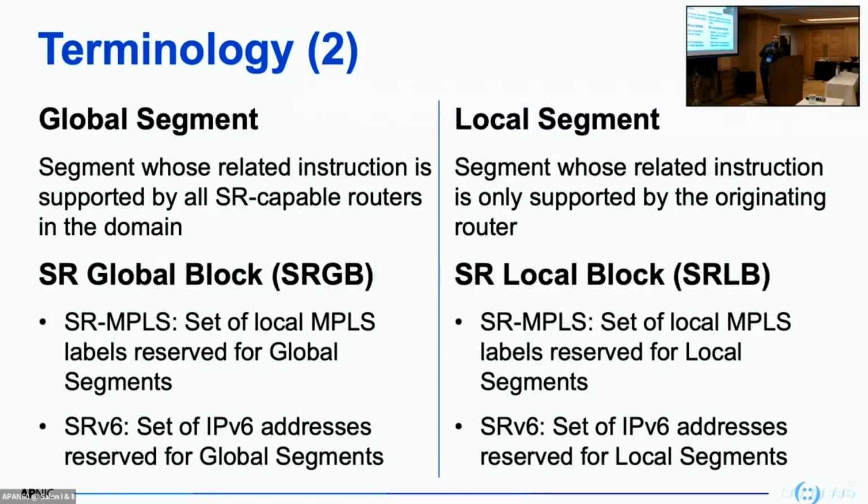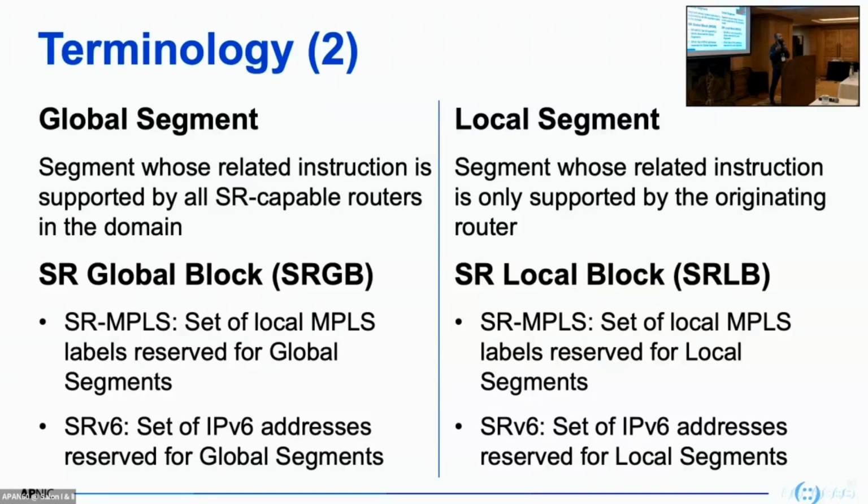Global segment. A global segment is unique to the whole domain, and it has to be known to other neighbors. But the local segments, for example, we are doing a VPN example. PE2 knows the meaning of the VPN label, nobody else knows. Something like this. So it's a local concept.